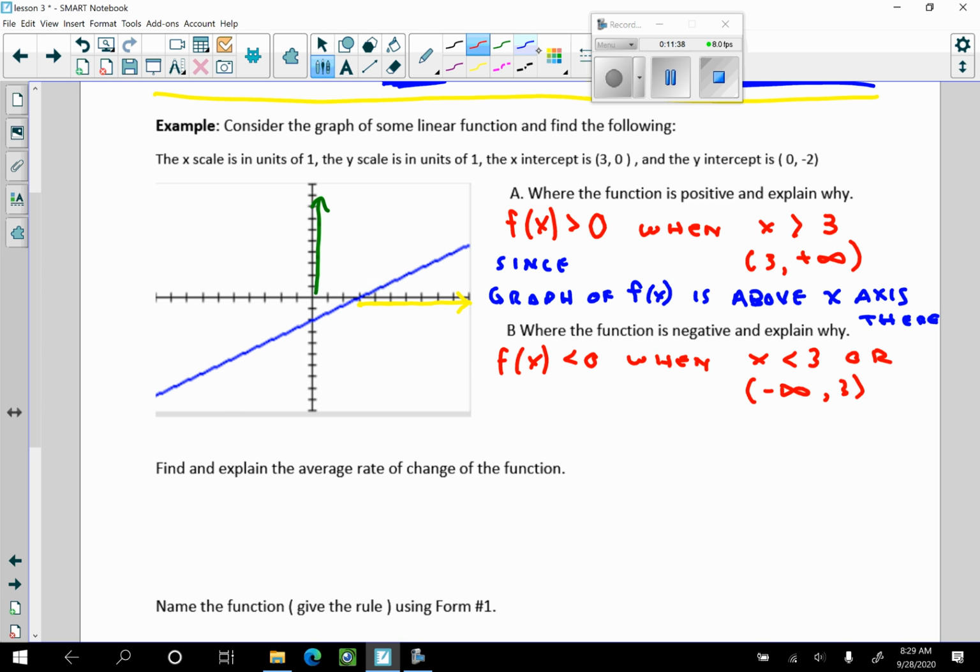Why? Since the graph of f of x is below the x-axis.